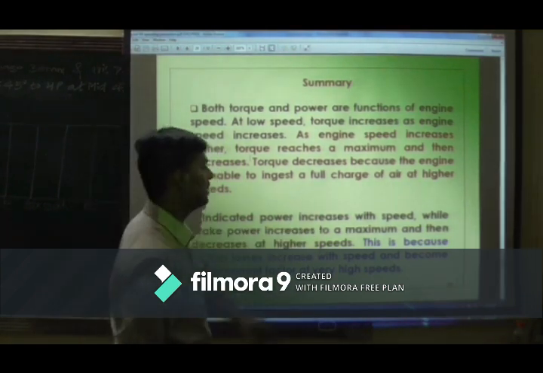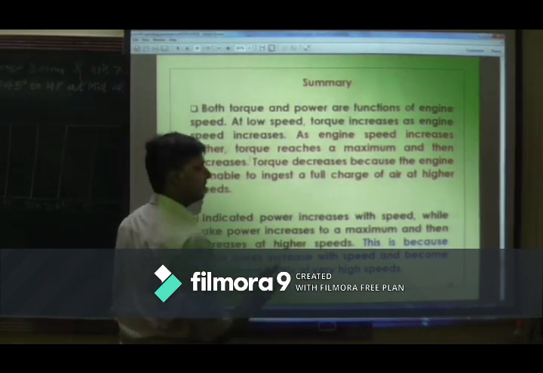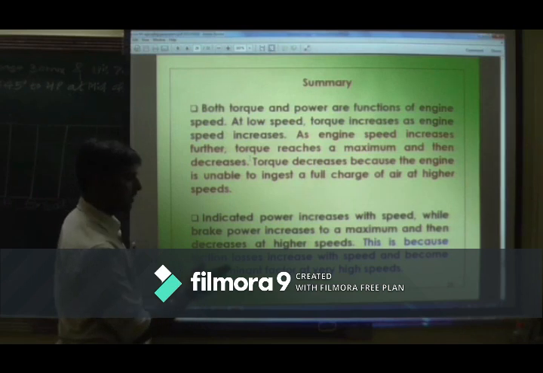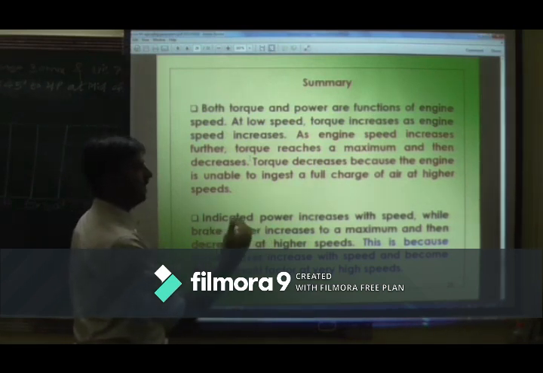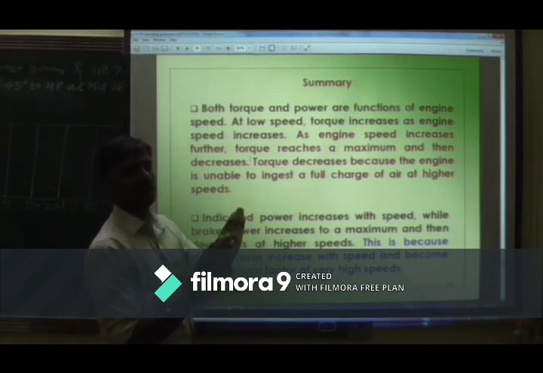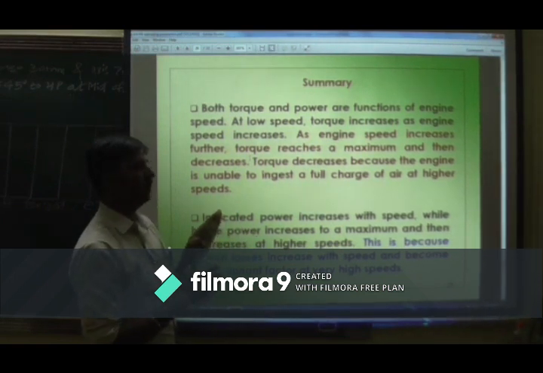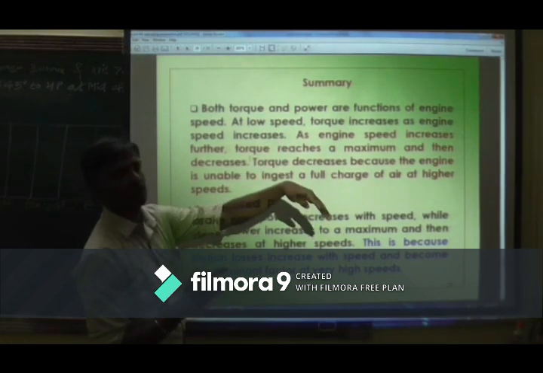Indicated power increases with speed while brake power increases to a maximum, then decreases at higher speed. Okay, so if we are talking about brake power, what happens with it? It will increase and then decrease.